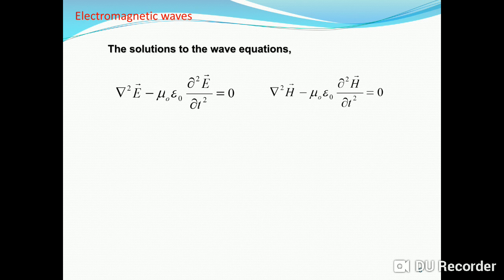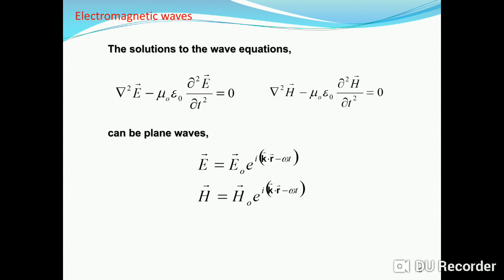So these are the expressions for the wave equations. Then the solution can be plane waves, given by E bar is equal to E naught bar into e raised to i into bracket k bar dot r bar minus omega t. And for the magnetic field, H bar is equal to H naught bar into e raised to i into bracket k bar dot r bar minus omega t.